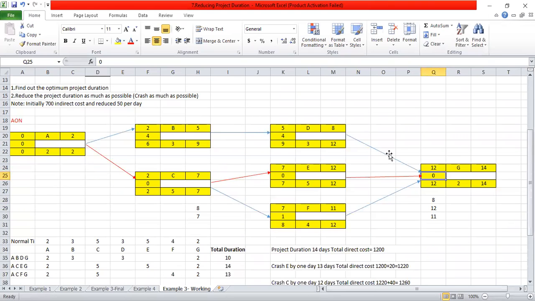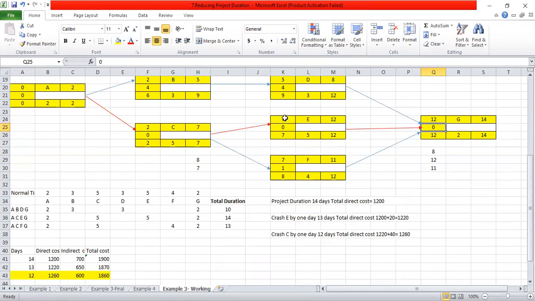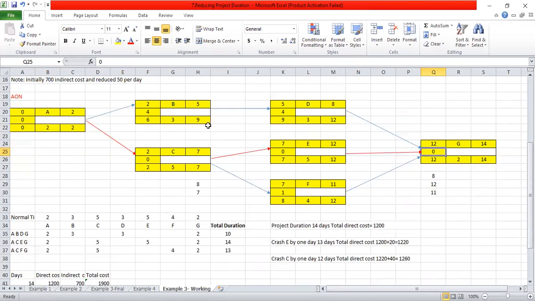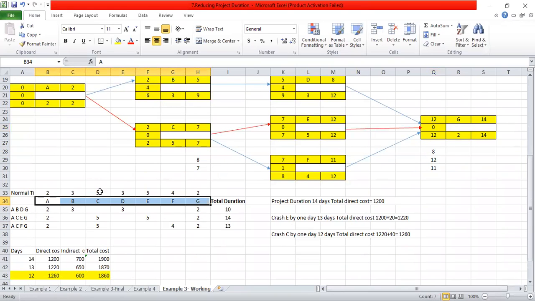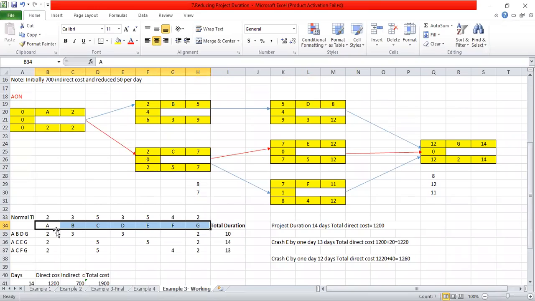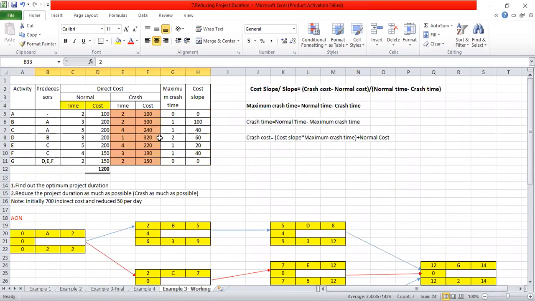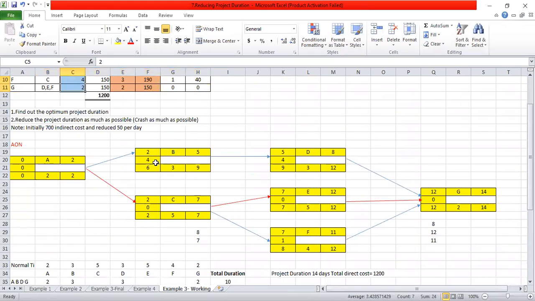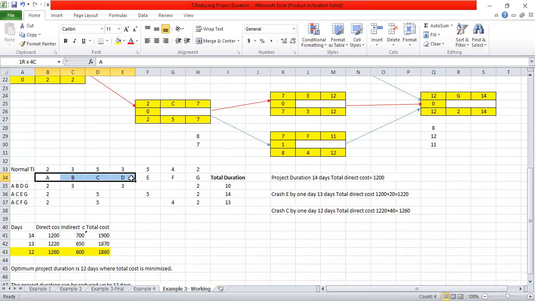So after drawing this project network, according to this lesson, we are reducing the project duration, right? After drawing this project network, you should be able to identify each and every path that you can go. First of all, you have to write down your activities vertically. Then I will take the normal time relating to each activity and write it above the activities.